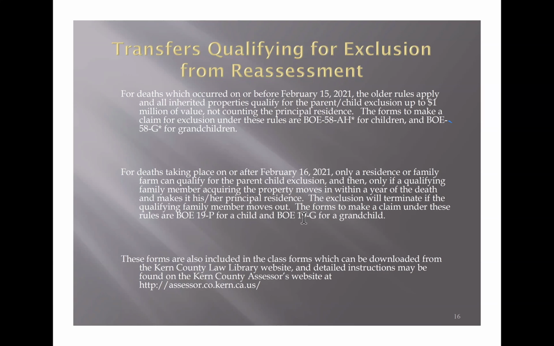And that exclusion is only so good as long as they're living there. If they move out, then you lose that exemption. The forms to make a claim under these rules are BOE 19P and 19G. They're also available for download on the Kern County Law Library website.